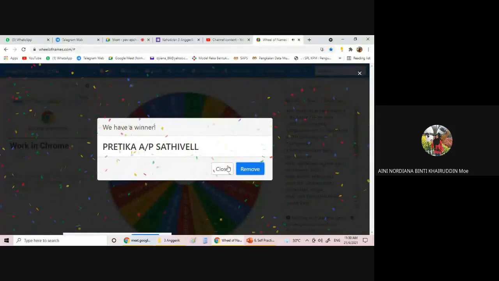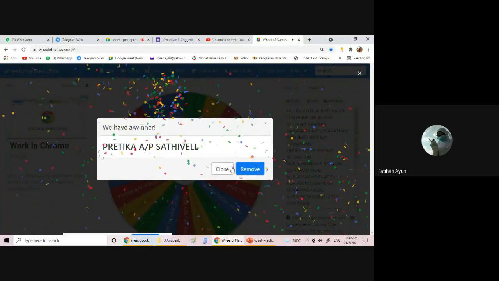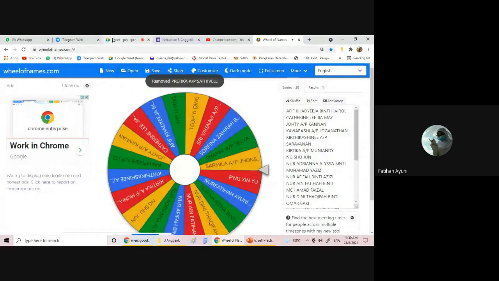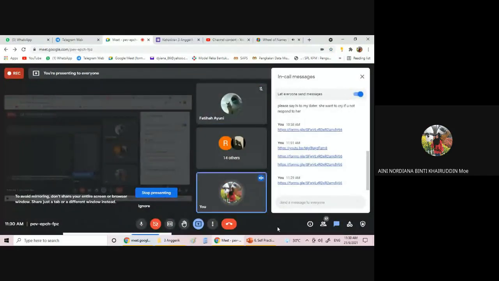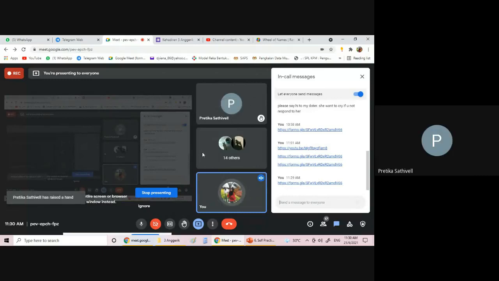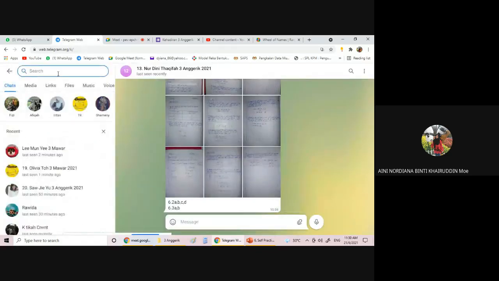Pritika ada tak? Mana Pritika? Angkat tangan. Ada. So Pritika, you are the lucky person today. So you kena hantar dekat I. Hantar dekat Telegram macam ni kan.